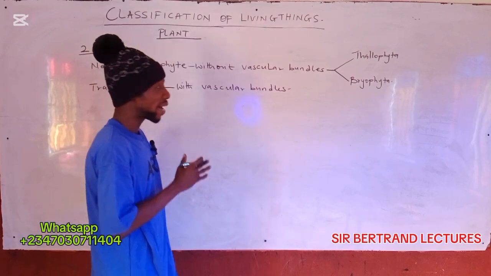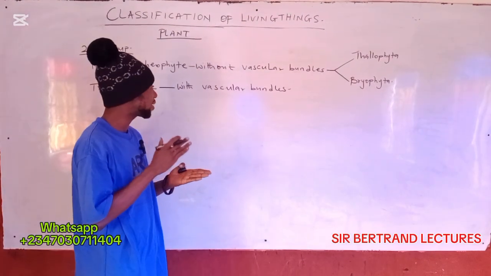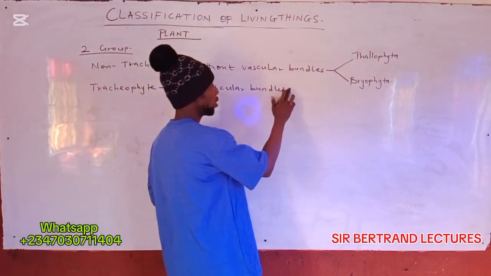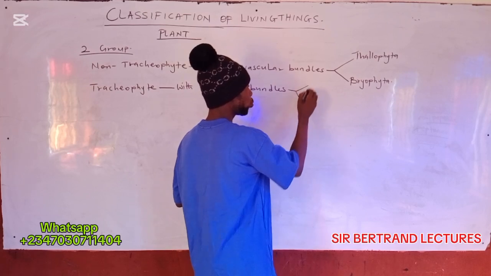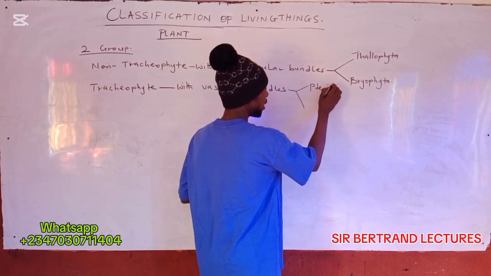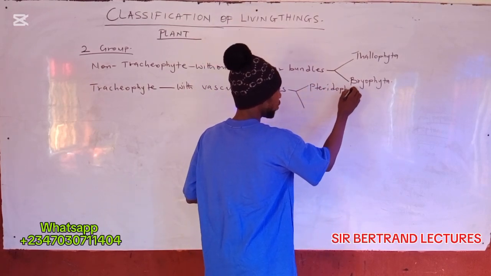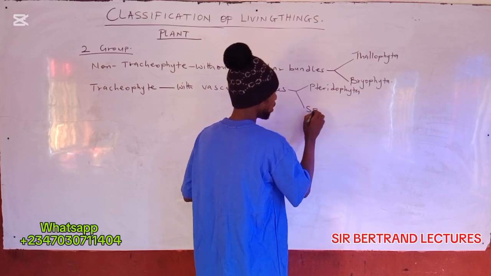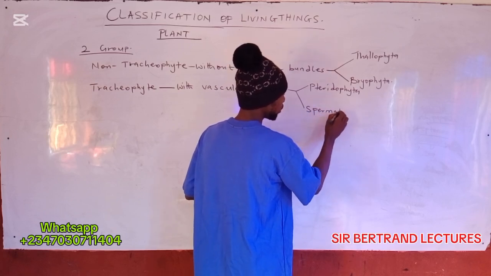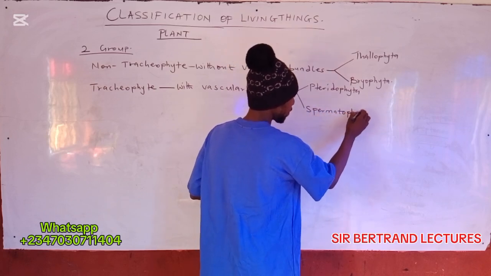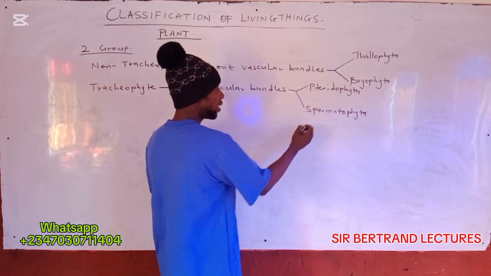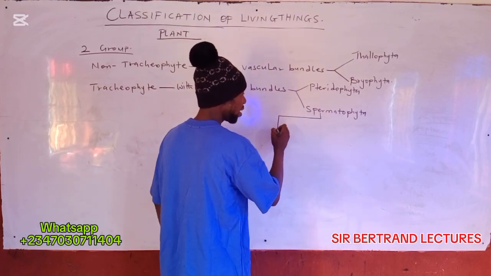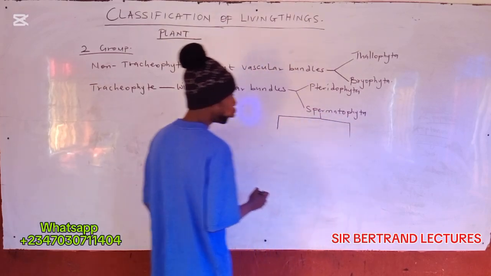Then the tracheophytes, which possess vascular bundles, are classified into two: Pteridophyta and Spermatophyta.